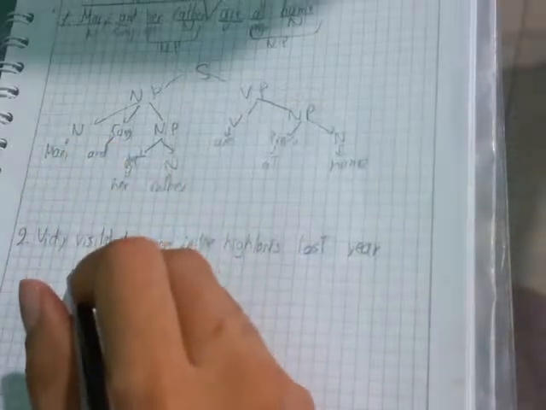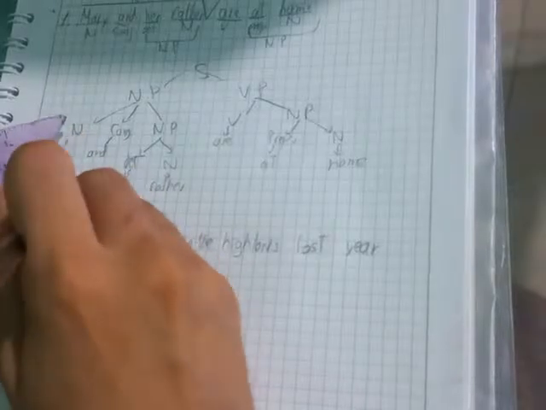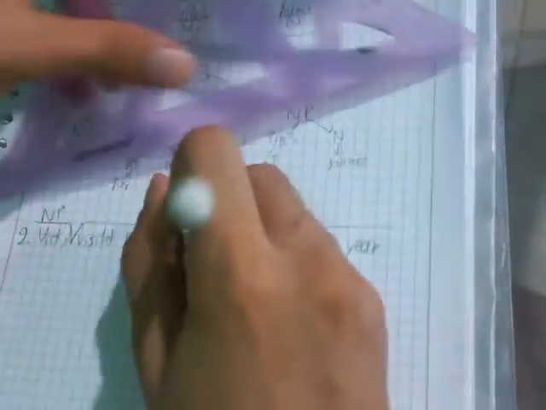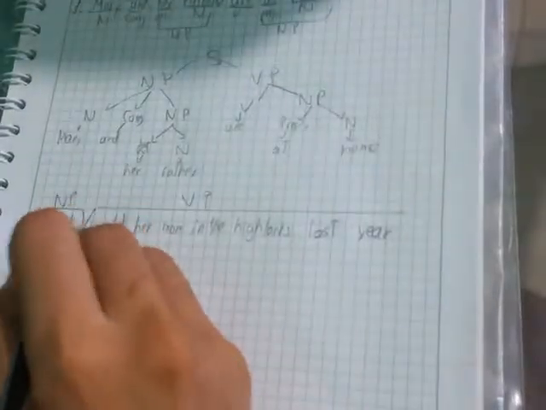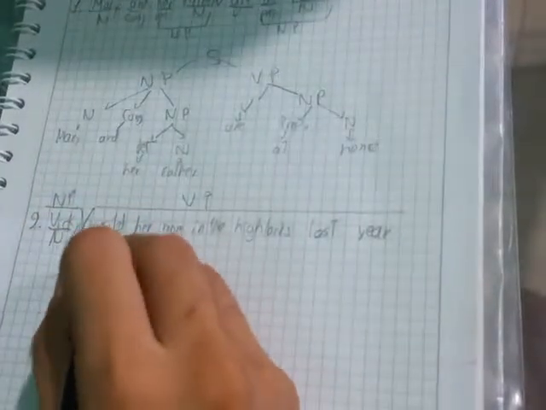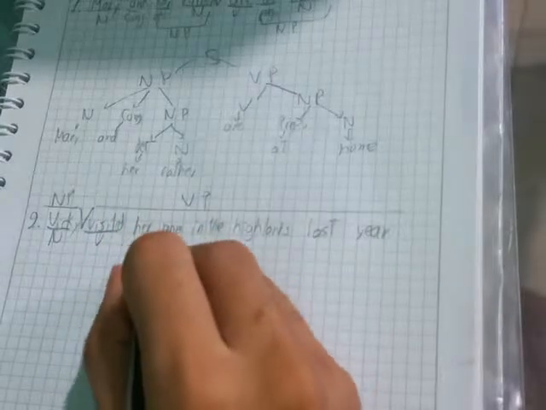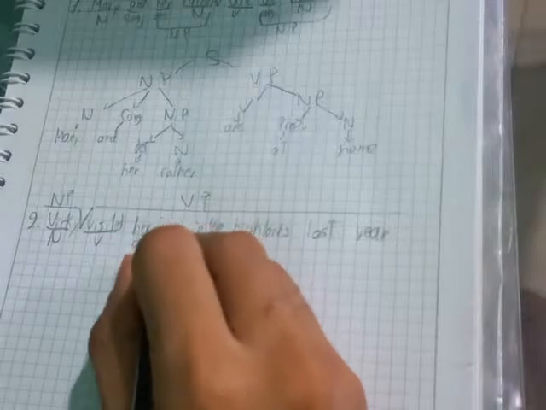Then, as always, we divide this into noun phrase and verb phrase. That is, the noun phrase would be Vicky, and the rest is the verb phrase. Vicky would be a noun, beside it would be a verb. Her mom would be a noun phrase because we have a determiner and a noun.